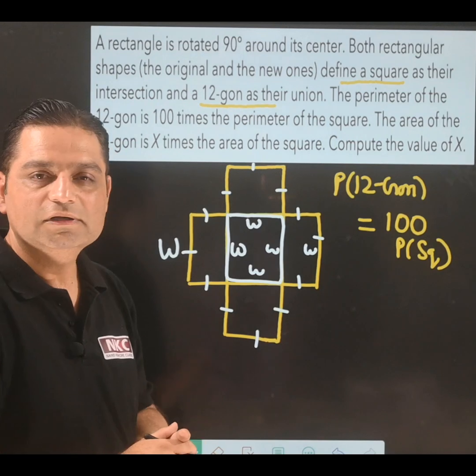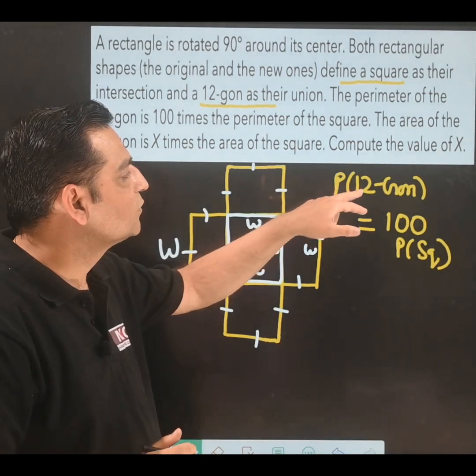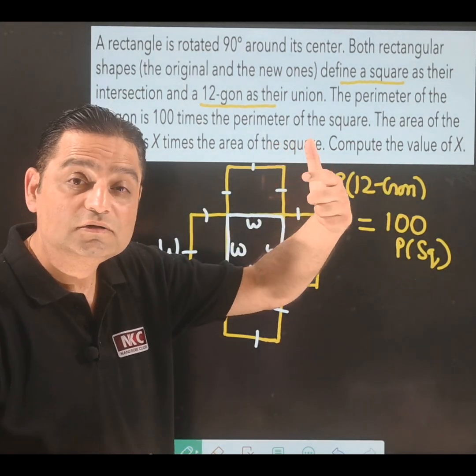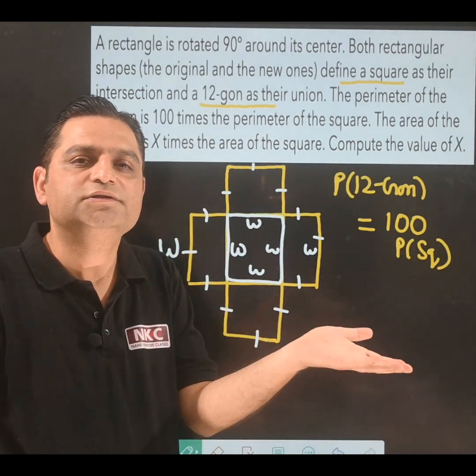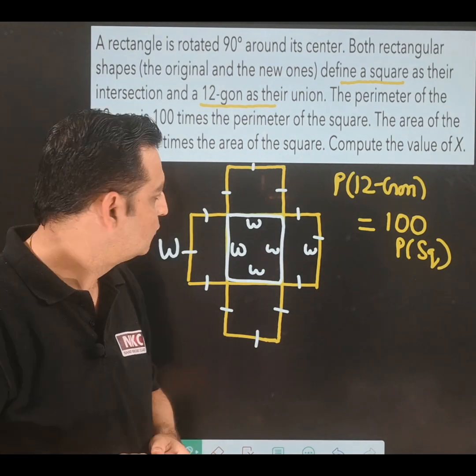Now how to proceed in the question? Firstly I need to find the perimeter of the 12-gon. Perimeter is the sum of the boundary lengths, right?